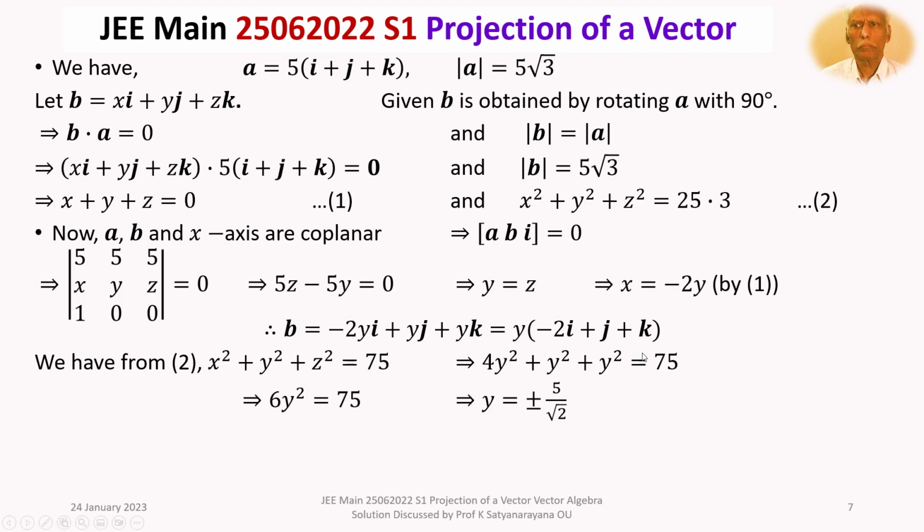Y is plus or minus 5 by root 2. So B will be plus or minus 5 by root 2 multiplied by minus 2i + j + k. So we got B. We discuss further in the next slide.